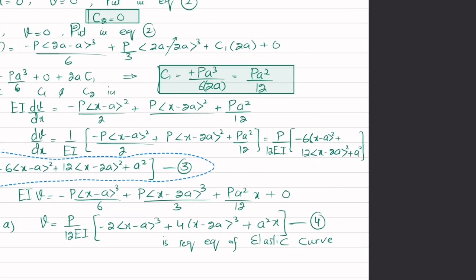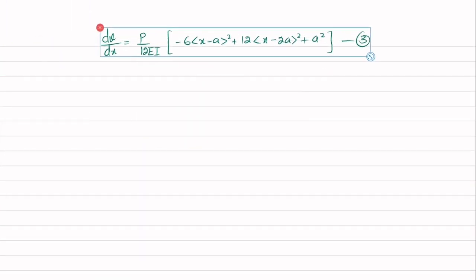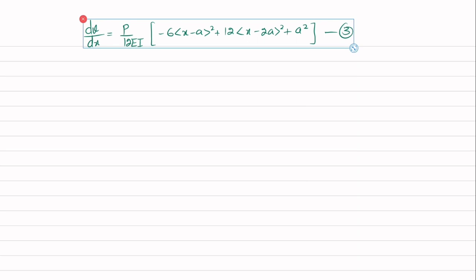Let me copy it. So we will paste it over here. So at x greater than a and less than 2a, we have maximum deflection, and maximum deflection means that the slope dv/dx is equal to 0.